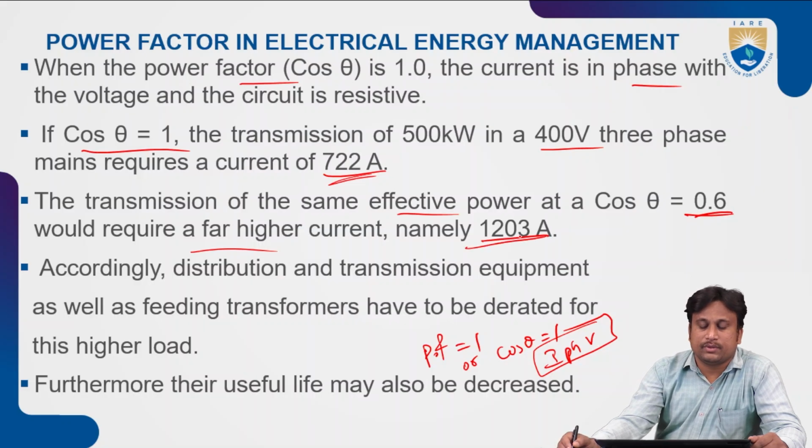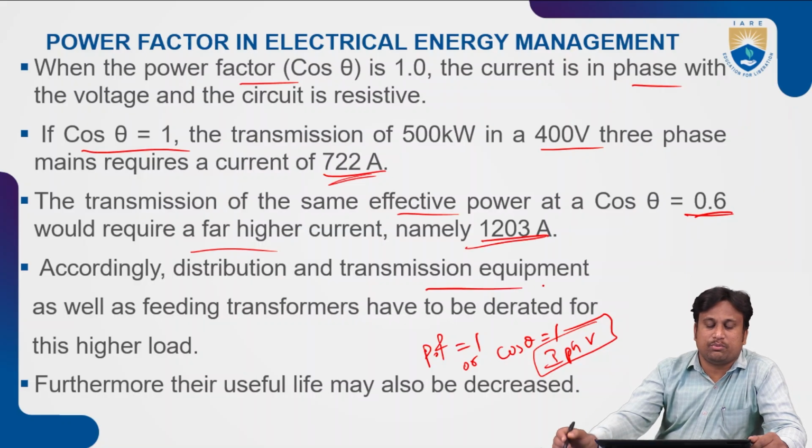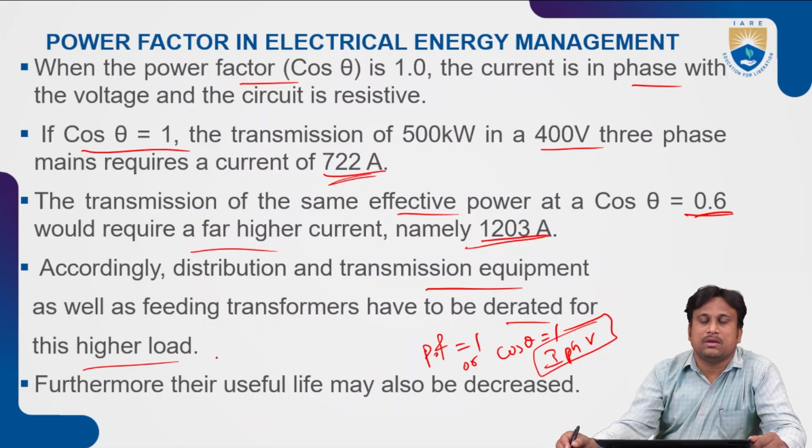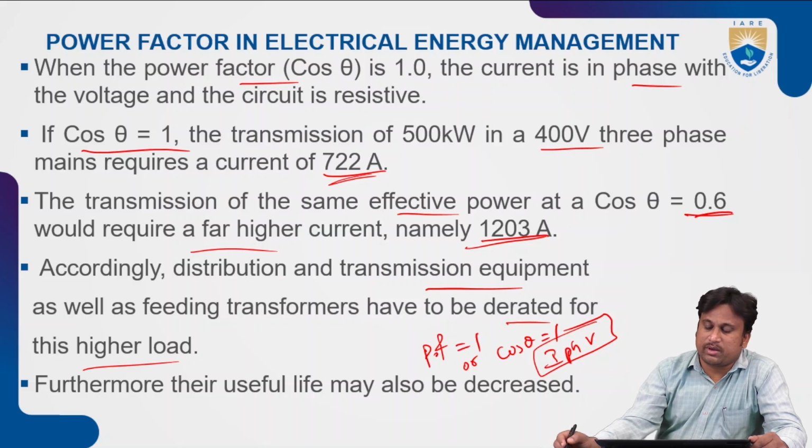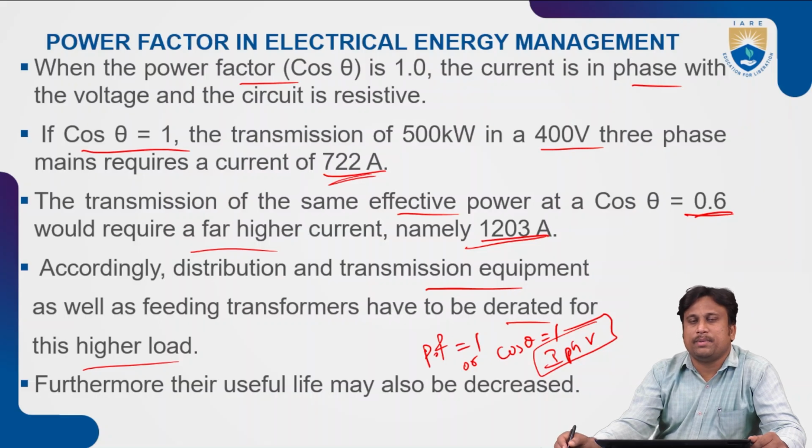Accordingly, distribution and transmission equipment, as well as feeding transformers, have to be derated for this higher load. This usually happens, and furthermore their useful life may also be decreased eventually.